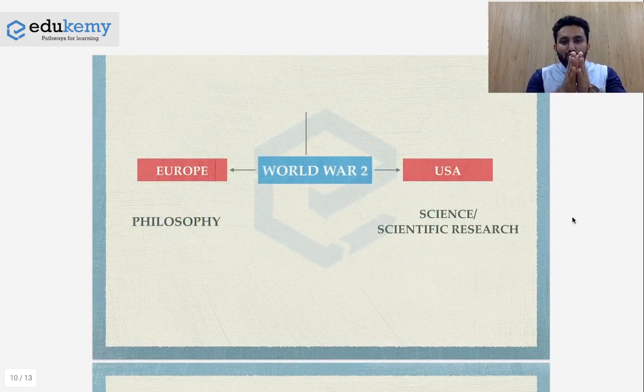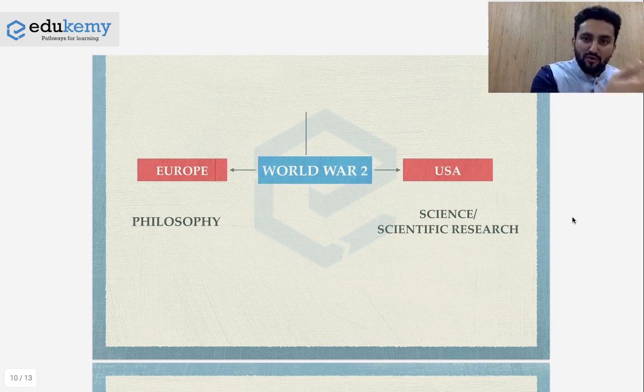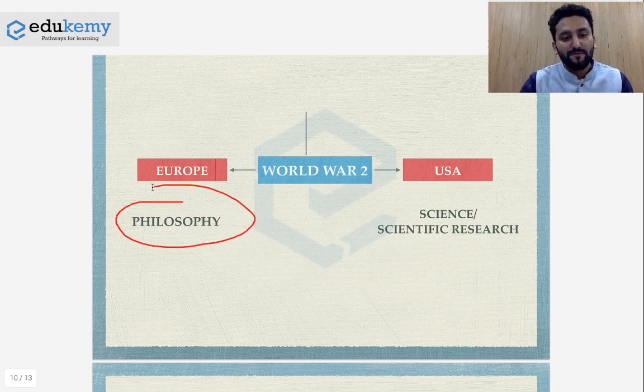So if we want to divide the evolution of political science in a timeline by how it was approached, we can say that before World War II, in Europe, political science got major evolution, and that evolution was based on philosophy.